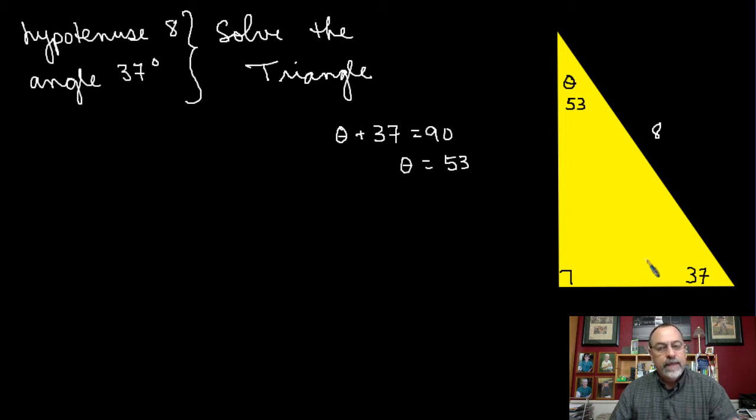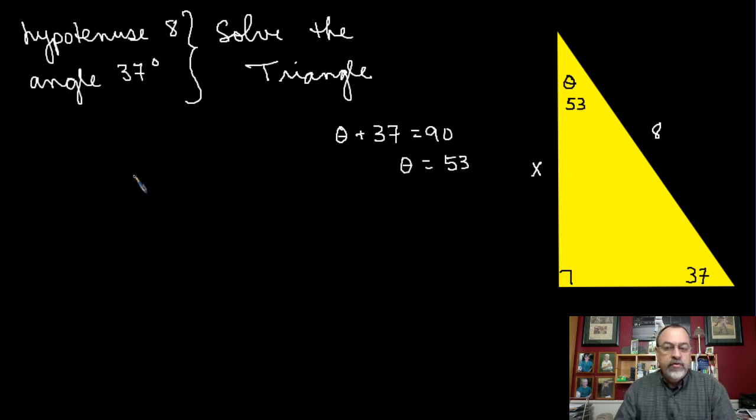So knowing that, let's say I want to figure out what the length of this side here is. If I'm looking at angle 53, this is the side that's adjacent to it. That's what I don't know. And the one I do know is the hypotenuse. Adjacent and hypotenuse is the cosine ratio.